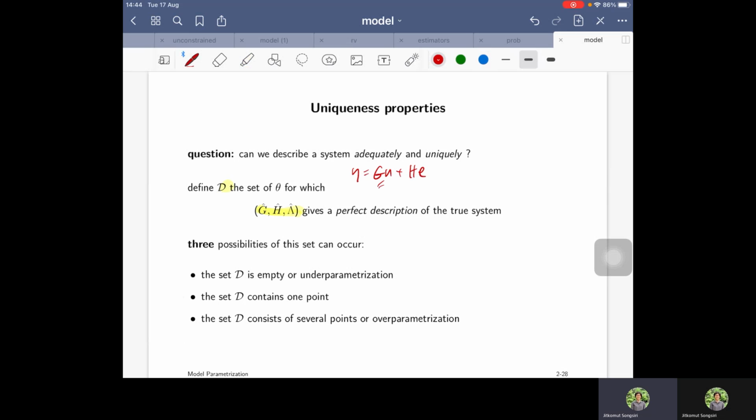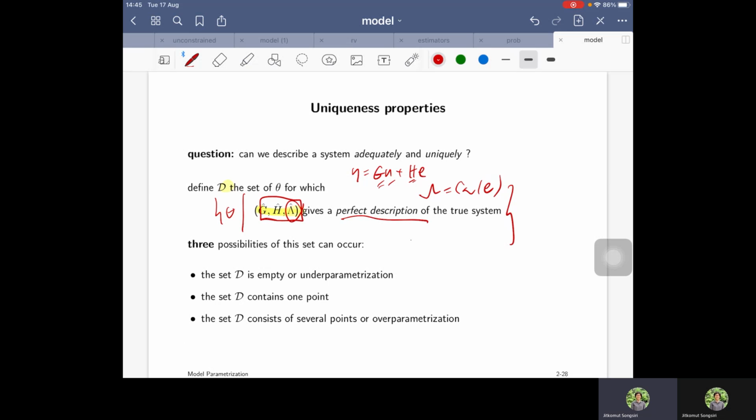G is a transfer function from U, and H is a transfer function from E, and lambda is the covariance of the noise E. Basically we define a set for theta such that these estimated models give a perfect description of the true system.